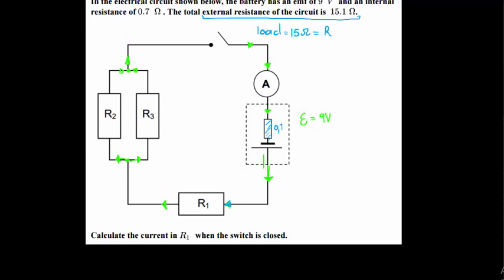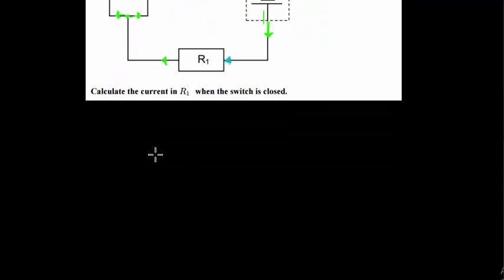Now that's very simple, because we know that total current is equal to total volts, which is called EMF, divided by total resistance.